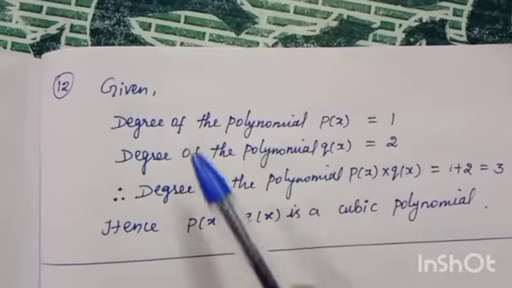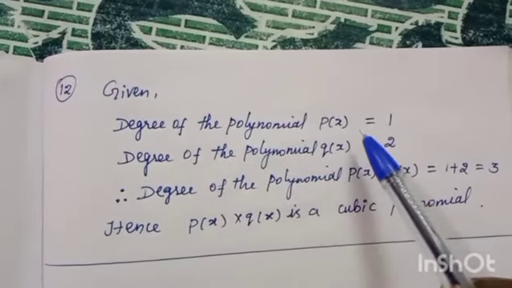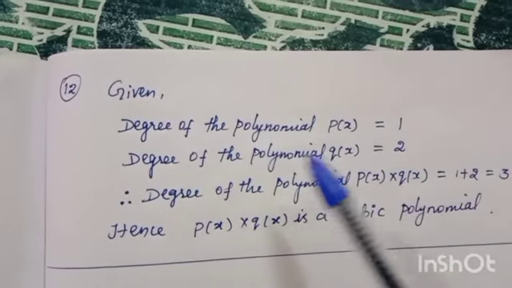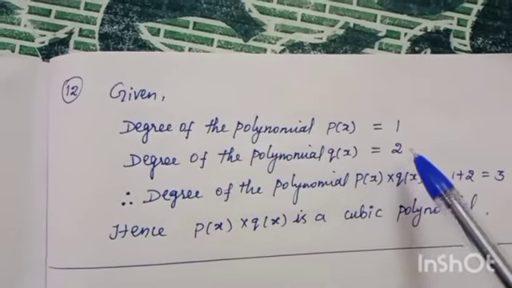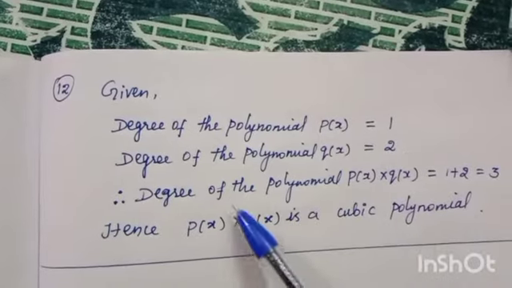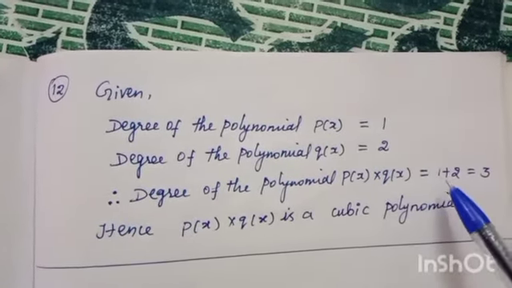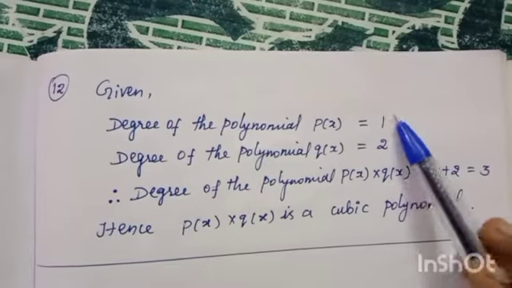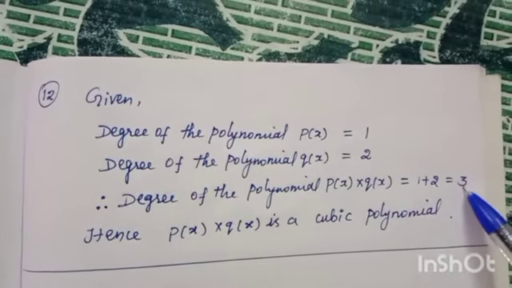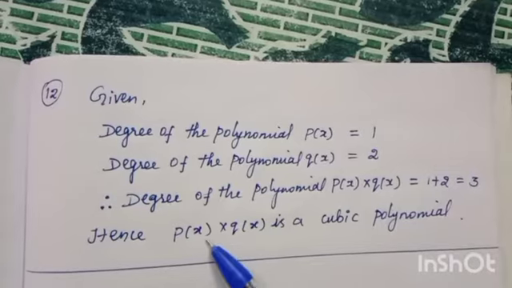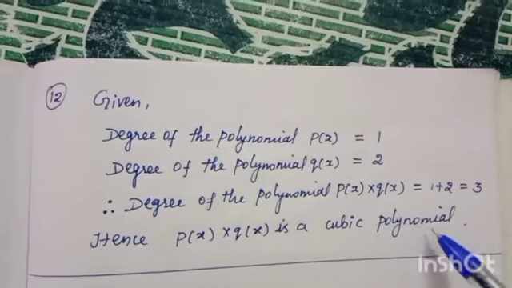Listen, students, degree of the polynomial P of x is equal to 1. Degree of the polynomial Q of x is equal to 2. So the degree of P of x into Q of x, you have to add the degrees: 1 plus 2, 3. Hence P of x into Q of x is a cubic polynomial.